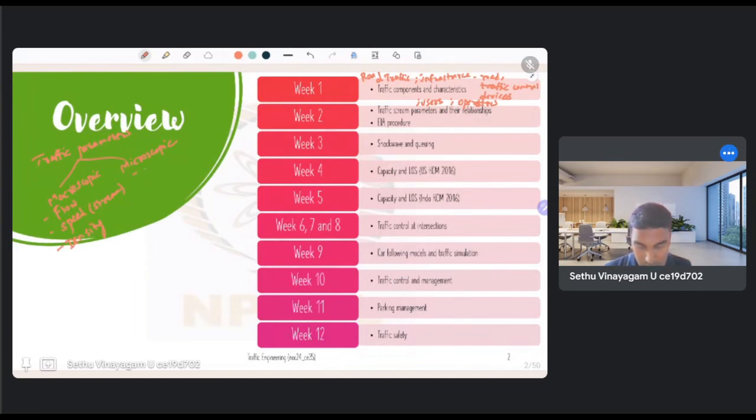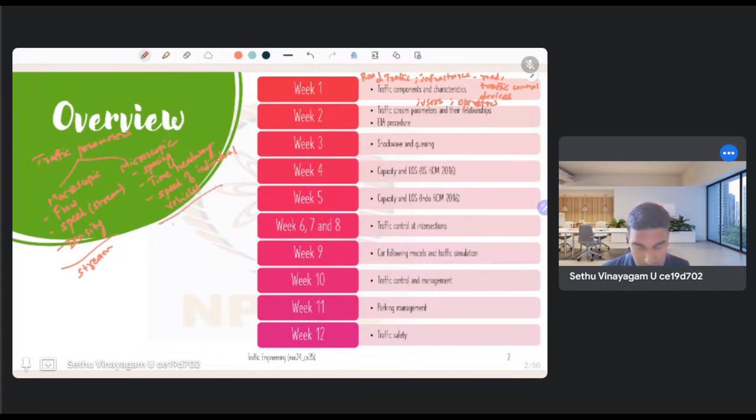When it comes to microscopic parameters, we look at spacing, or the distance headway, then time headway. We can also look at the speed of individual vehicles. Macroscopic parameters are concerned with the stream as a whole; we use these parameters to describe the traffic stream as a whole.